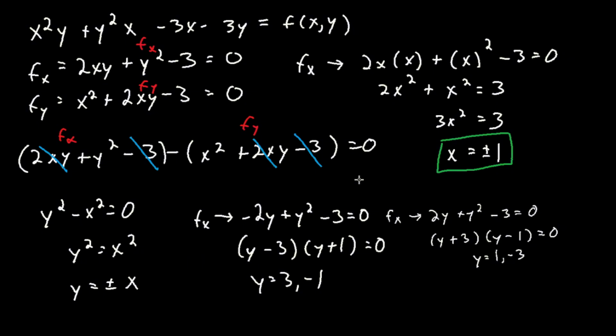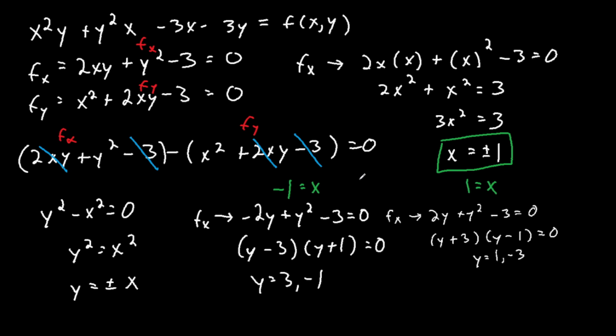Here's the thing about this though. Your y values could be wrong. Let's keep this in mind. We used negative 1 is equal to x here, and we use 1 is equal to x here.